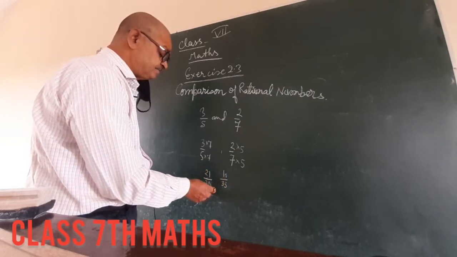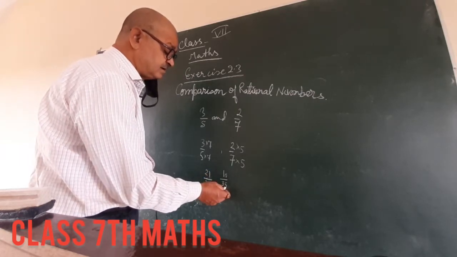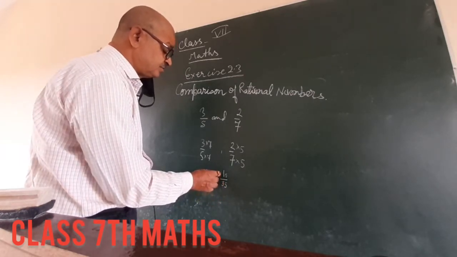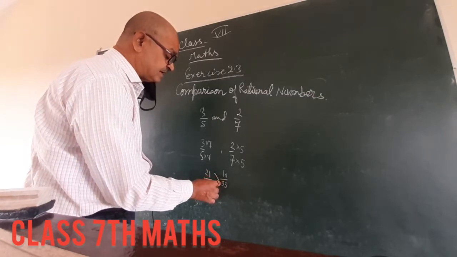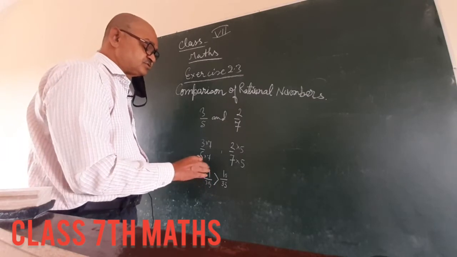21/35 is greater than 10/35, so we give this sign, and then that is over.